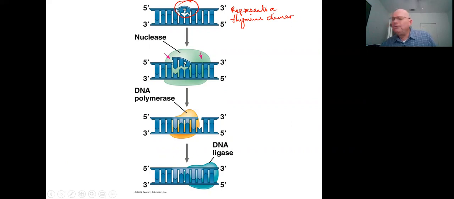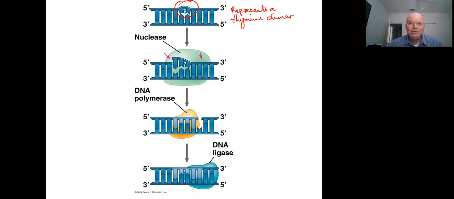So the thymine dimer is typically formed by the action of ultraviolet radiation. So this is a very, very common structural change that can occur in the DNA in your skin cells, and therefore potentially lead to skin cancer if it remains uncorrected.